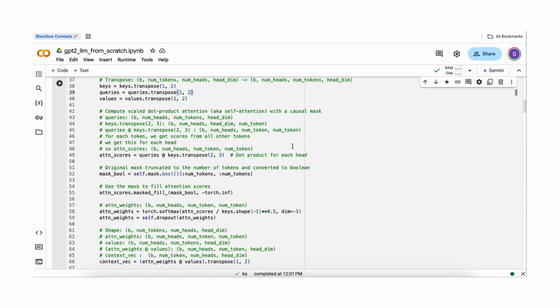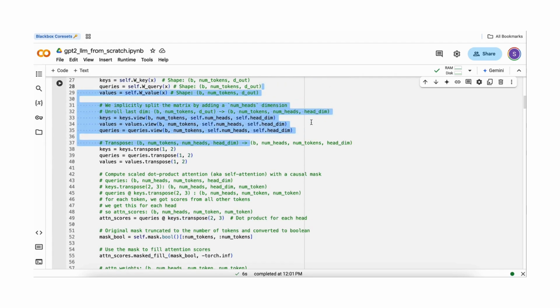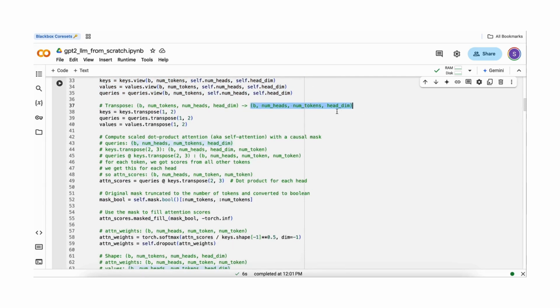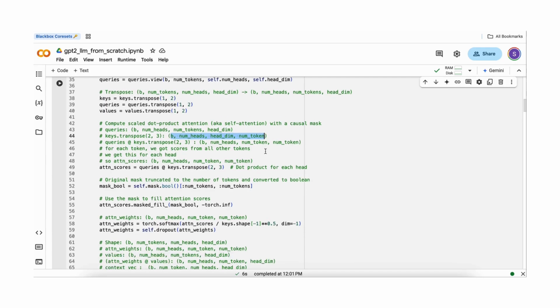First we transpose the second and the third index of the key. This is what the key looked like: the second and the third index are num tokens and head dim. So we transpose those, and we get number of heads, head dimension, and number of tokens.